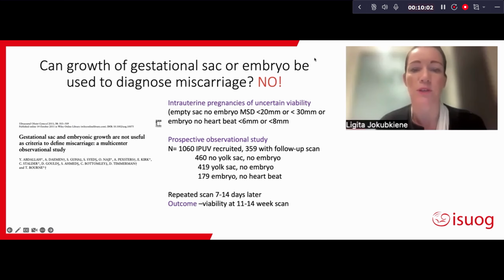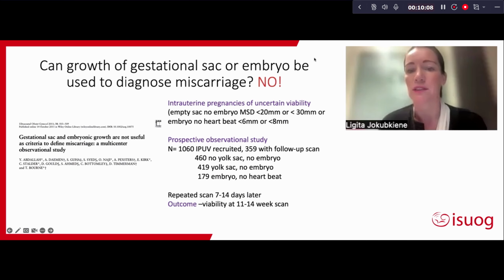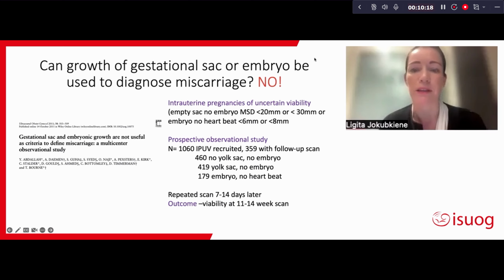So here is a study that was published before the new criteria of miscarriage were proposed. They included intrauterine pregnancies of uncertain viability that had an empty sac and no embryo with mean gestational sac diameter below 20 or below 30 millimeters, depending on the center, or an embryo without heartbeat with CRL below 6 or below 8 millimeters, depending on the center.